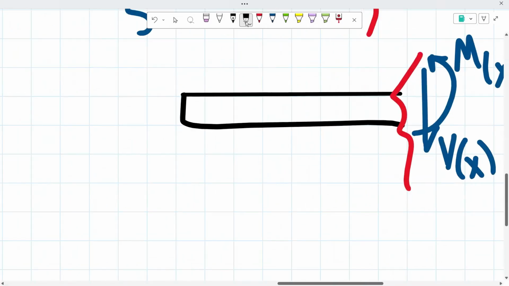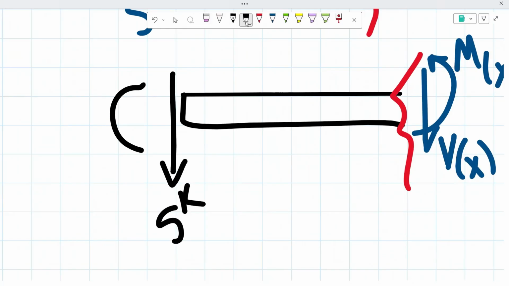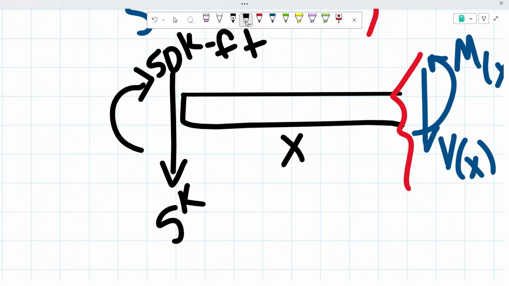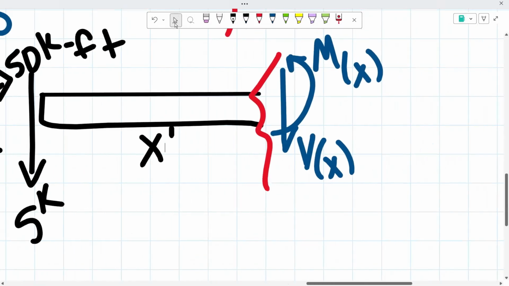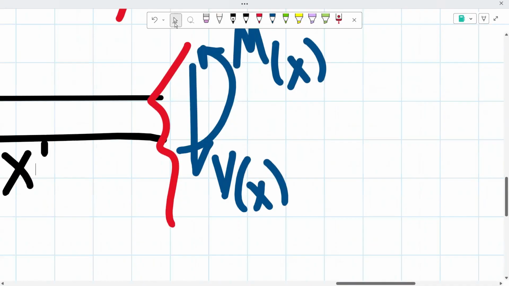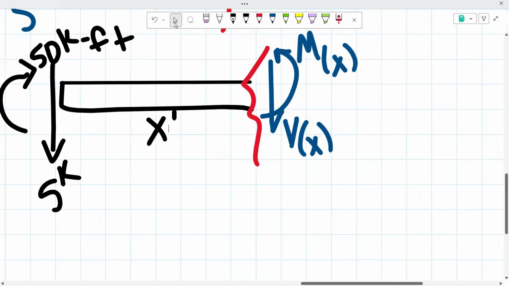From there, we already have a force of 5 kips going downwards on this side and a counterclockwise moment of 50 kip feet. We don't know the length of this beam segment, so we call it x feet. That's why we annotated our shear and moment diagram with x, because we don't know exactly how long it is where we cut the beam.